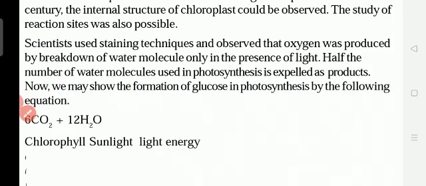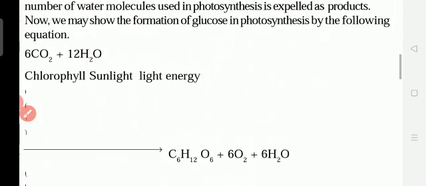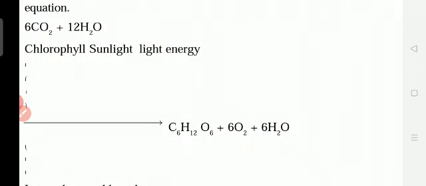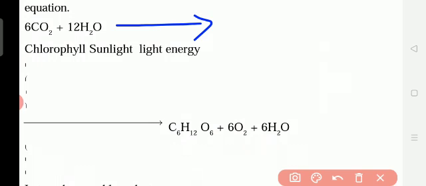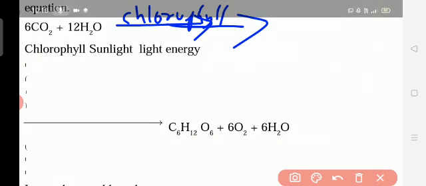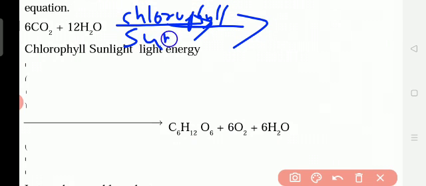Okay, now we write the equation. Chlorophyll, sunlight, light energy. I will write it here. This equation is very, very important. Photosynthesis: chlorophyll, and then here sunlight or light energy.